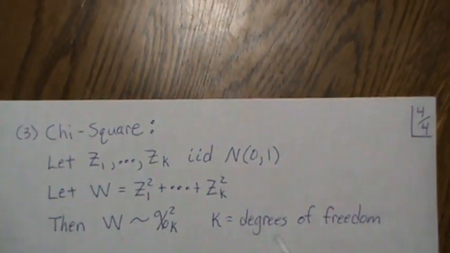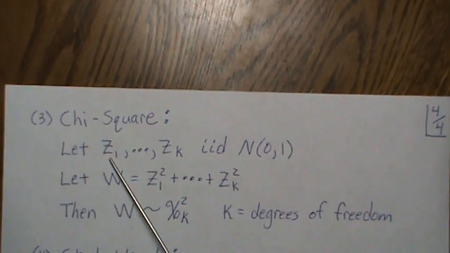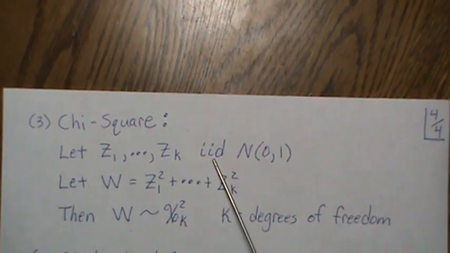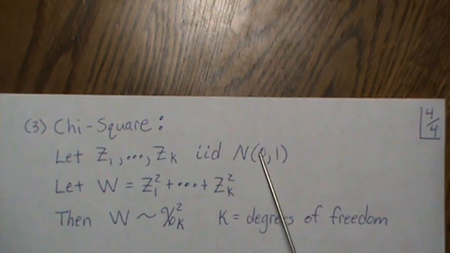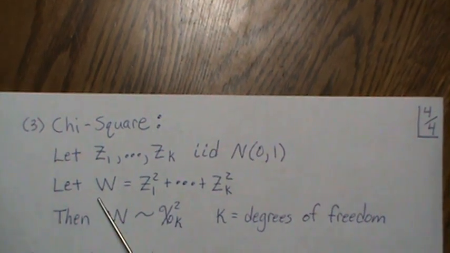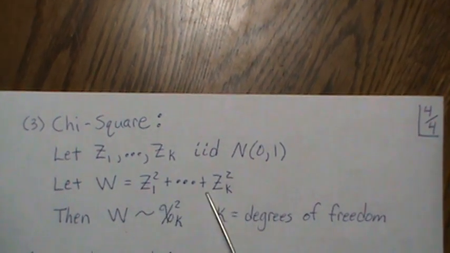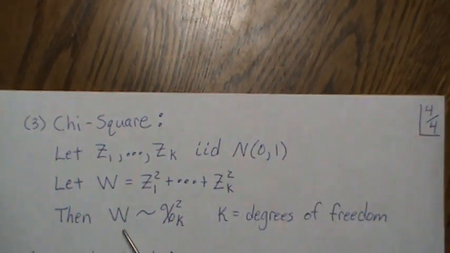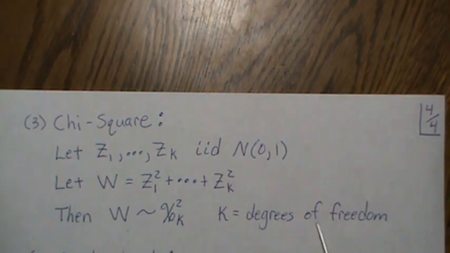The chi-squared distribution: if we let random variables z1 through zk be independent, identically distributed standard normal random variables, and we let w equal the sum of their squares, then w has a chi-squared distribution with k degrees of freedom.